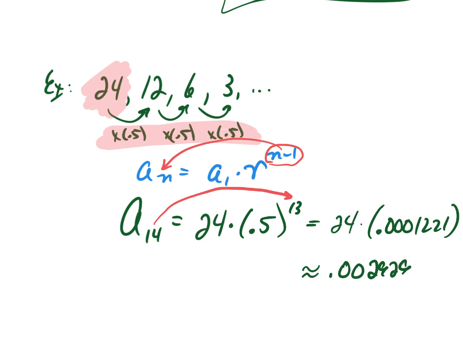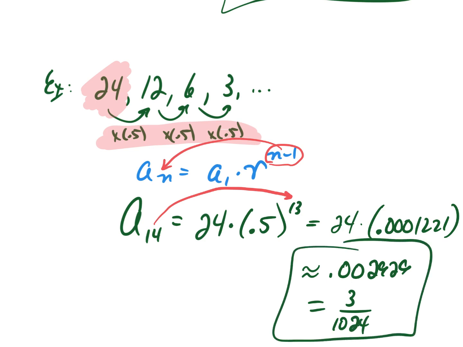And if anybody's interested, if I were to change that to a fraction using my calculator, it actually turns out to be right on the nose, 3 over 1,024. So either one of those is fine. You can let your calculator make that switch for you, right? But we have the approximate decimal or the exact fraction.